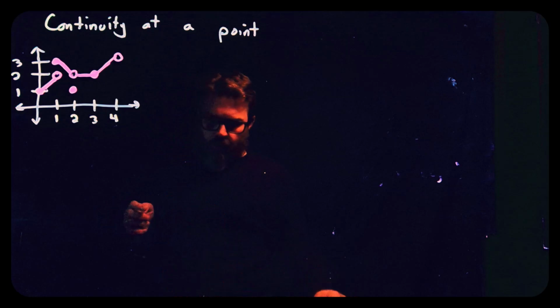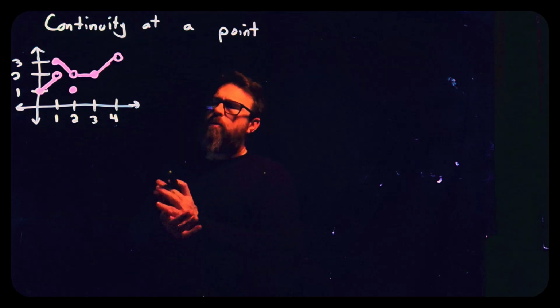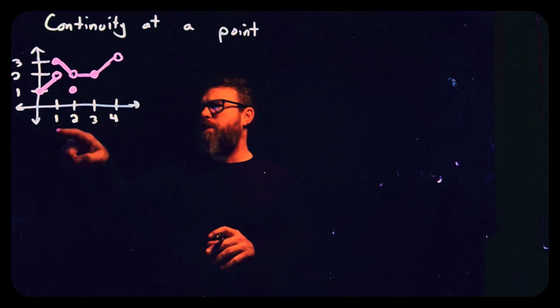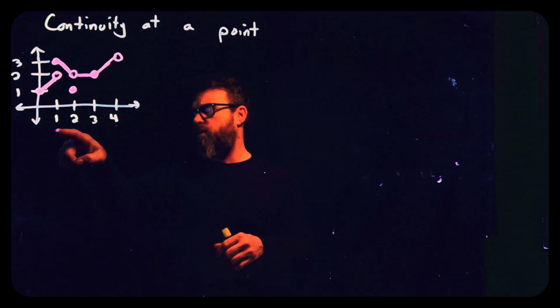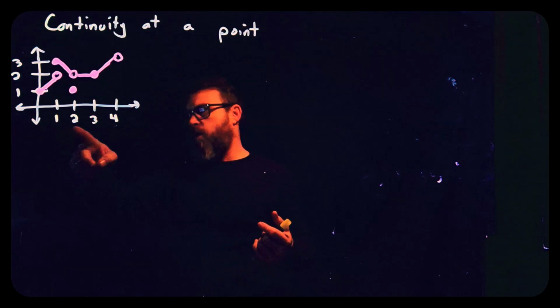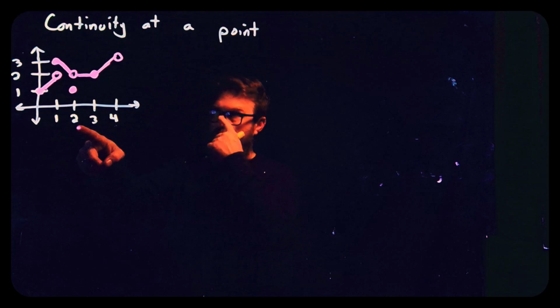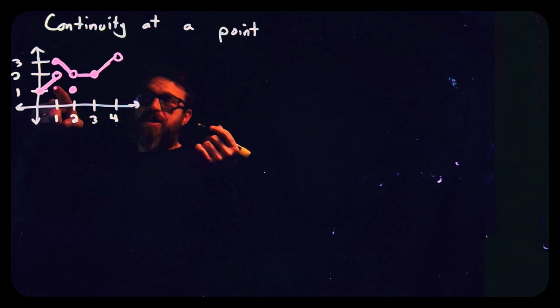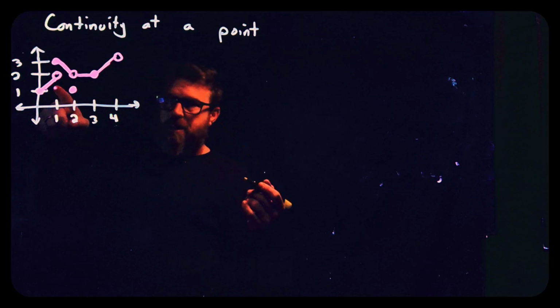So I always ask, what does that mean? How would I tell, using what we learned in calculus, that it's not continuous at 1? What would also tell me that it's not continuous at 2? Well, the first thing we can see is it's not continuous at 1 because the limit doesn't exist at 1.